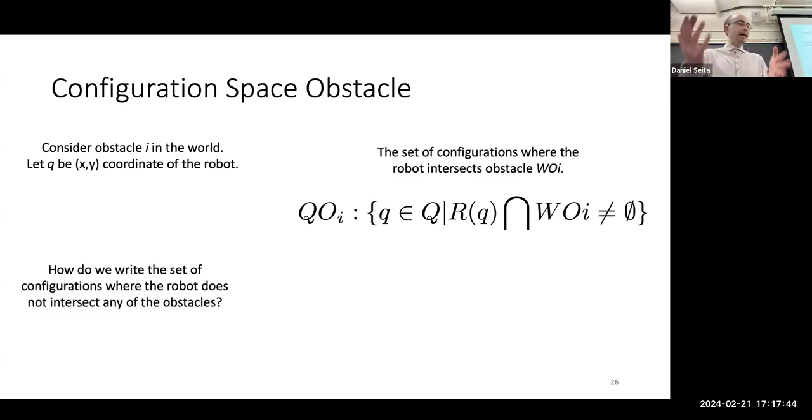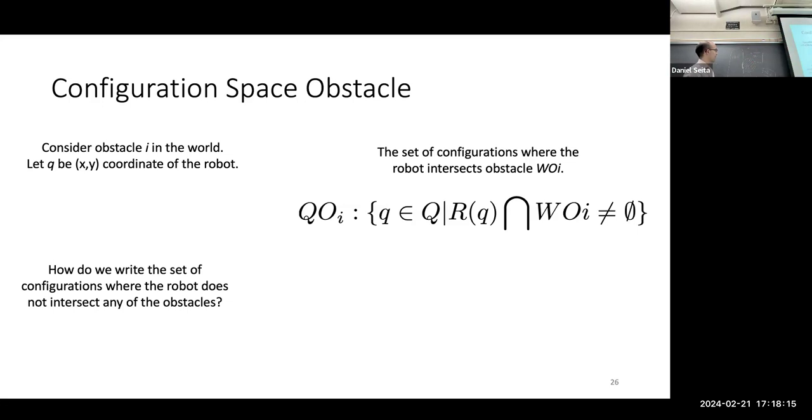How do we write out the set of configurations where the robot does not intersect any obstacles? The thing you have to do here is consider all the obstacles. So whatever we write here is probably going to be the union of many different obstacles. You can have this one, and then this one, and another obstacle here.